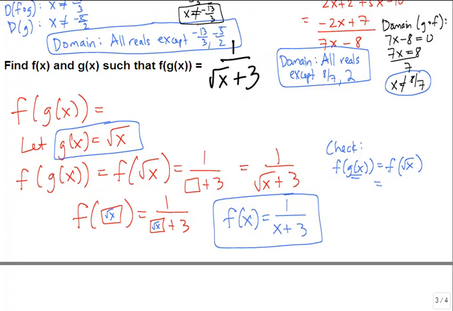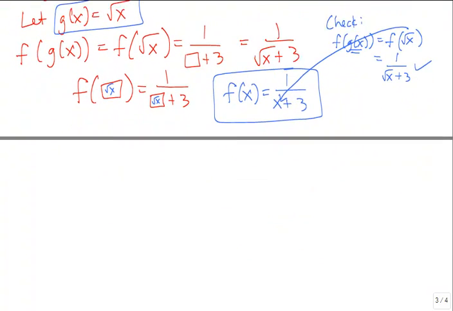Then, once I have that, we would want to go to the rule for f, which I have down here, and substitute in this square root of x wherever I had x in f's rule. So this would become 1 over square root of x plus 3. And that is what we wanted to end up with, so that seems correct. So if we let g be square root of x and f be 1 over x plus 3, then it does work. Are there any other ways that this could work?